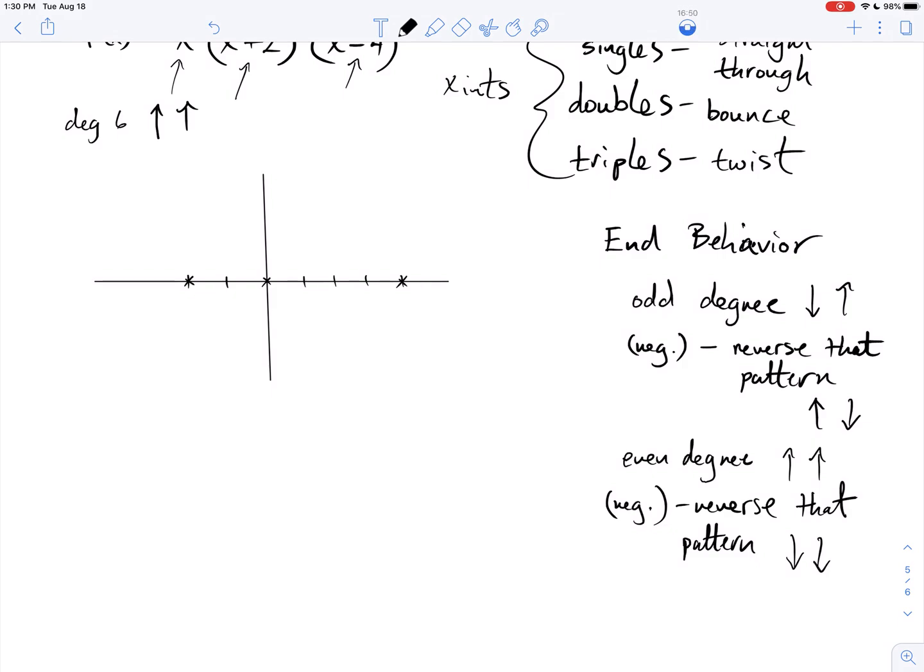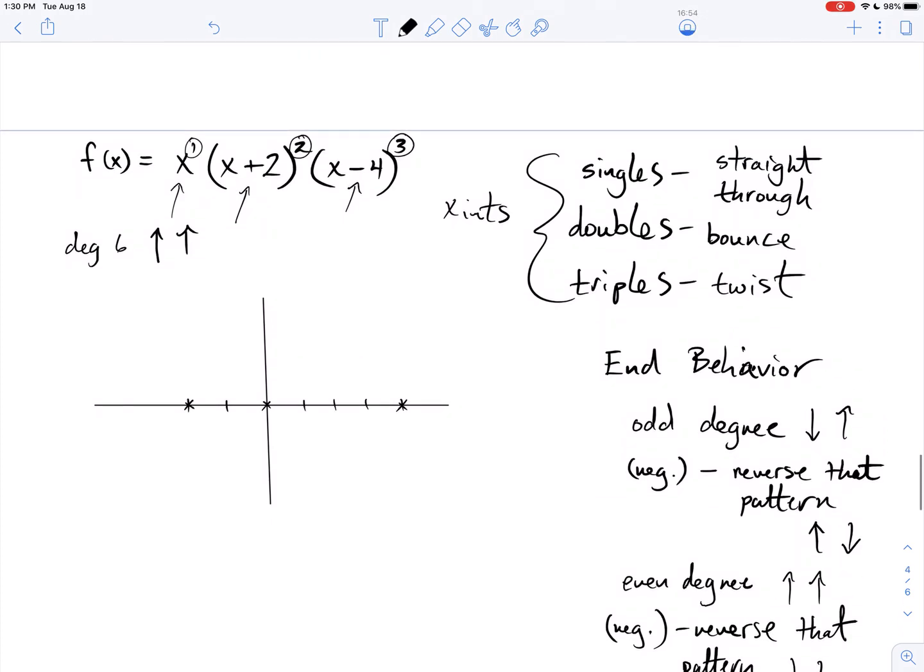So let's talk about that with our next couple examples. We've got to draw a 6th degree polynomial for this example. It's going to go up over here and up over here. But I gave myself a little bit of room because I see something that I have to do. At my number 4 location, where x equals 4, it's going to twist.